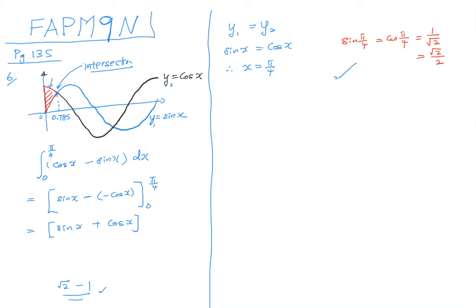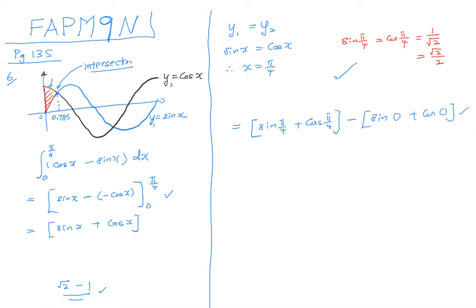Then you substitute sin pi by 4 plus cos pi by 4, take away sin 0 plus cos 0. Okay, the moment you do this, you will get a mark already. So now you get 1 mark here, you get 1 mark here.